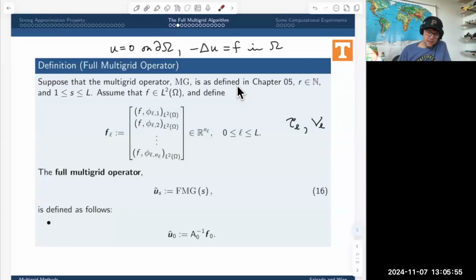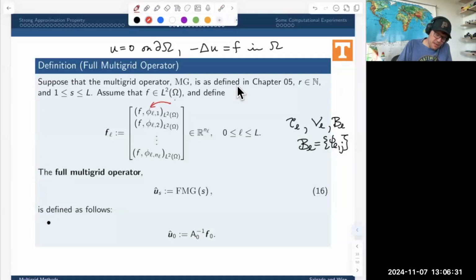Well, if I have this hierarchy of meshes created, then I can compute this vector F_L. Remember, we had this thing called the basis B_L, and the basis B_L had these functions in them called hat functions, phi_L,j. If I take those and integrate against them, actually I called them psi, but here I'm calling them phi. This is a typo, so this needs to be corrected.